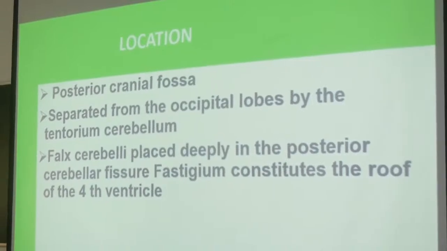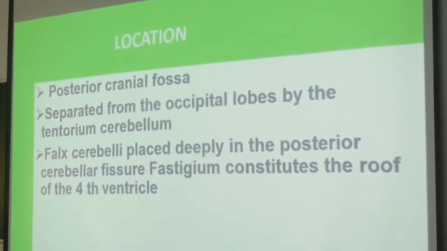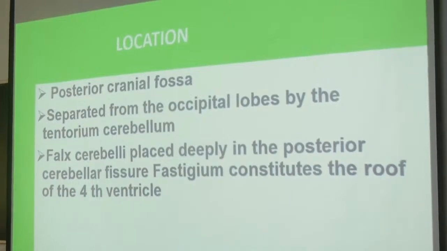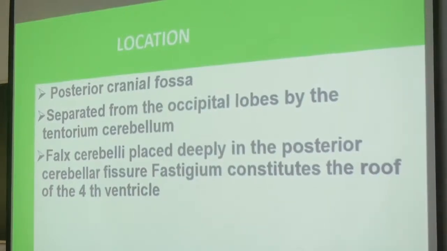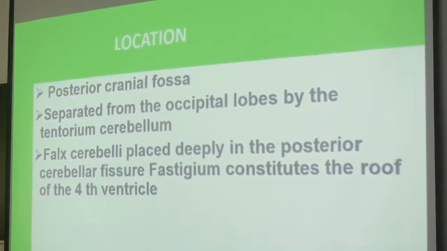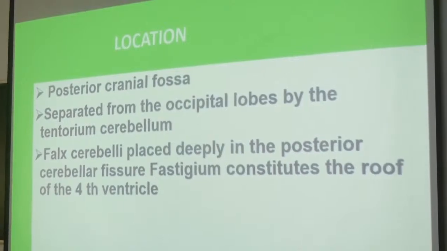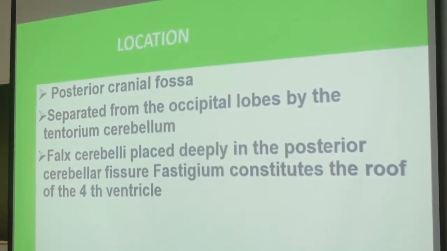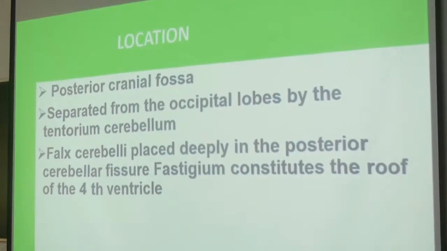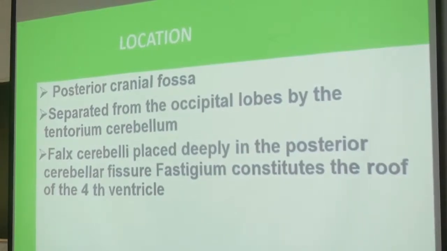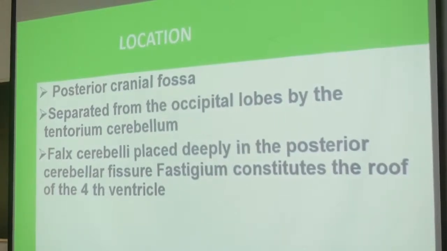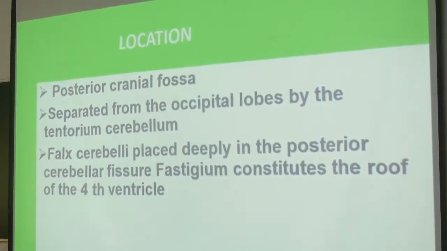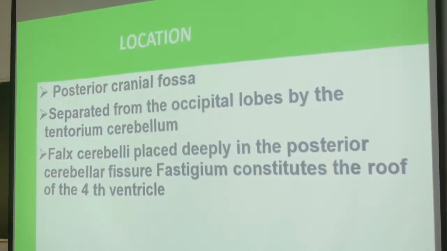On the floor of the fourth ventricle, there are so many nuclei. Which are the nuclei I told you? On the floor of the fourth ventricle, how many nuclei will you get? Cranial nerve nuclei, of course. What are the four? No, I am talking about the fourth ventricle, the floor of the fourth ventricle. It has already been taught to you, right?